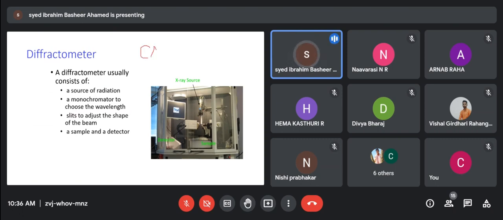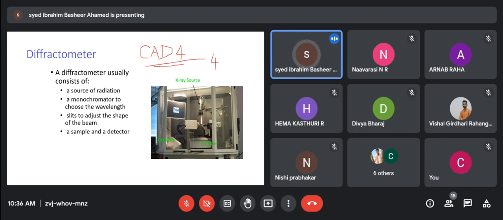This type of machine was called the CAD4, which is a 4-angle diffractometer. So what is this 4-angle?